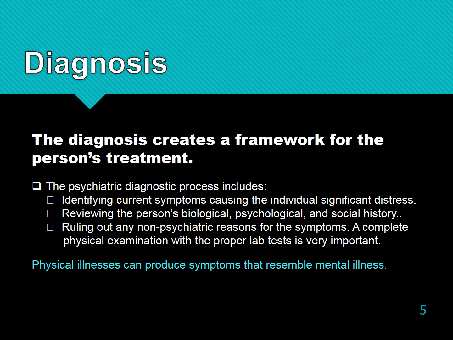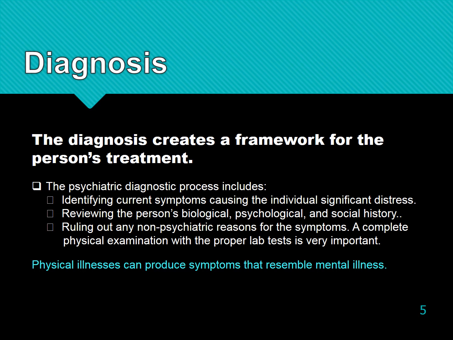The psychiatric diagnostic process includes identifying current symptoms that are causing the individual significant distress, reviewing the person's biological, psychological, and social history. The information may come from that person, the family, or other treatment facilities.